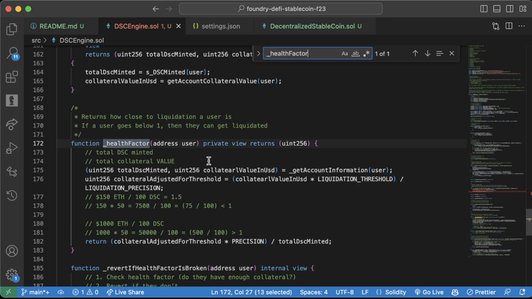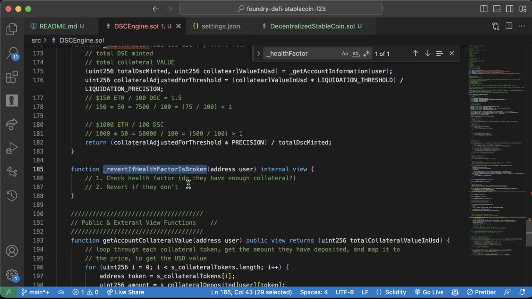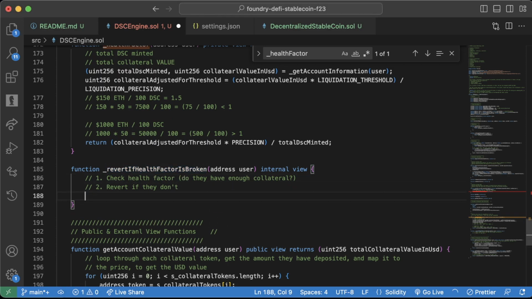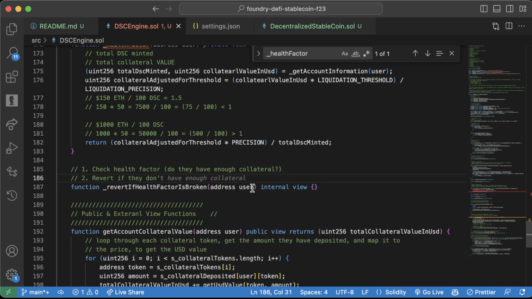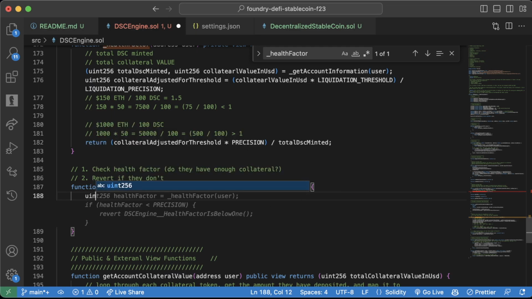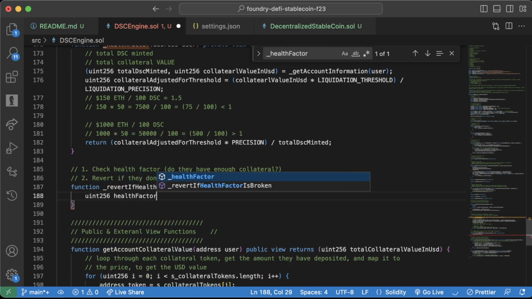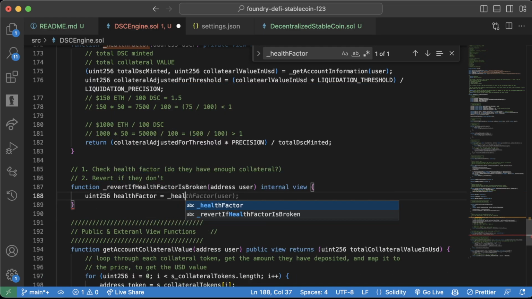Nice. So now that we have a health factor, we can finally do this revert if health factor is broken function, where we can even put this above as a kind of pseudo NatSpec. We could say uint256 user health factor equals underscore health factor of the user.